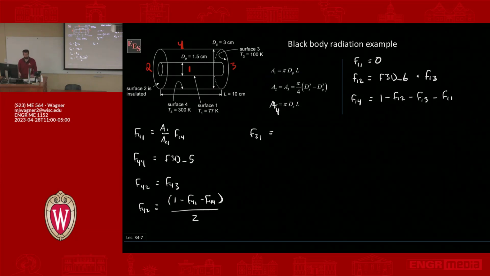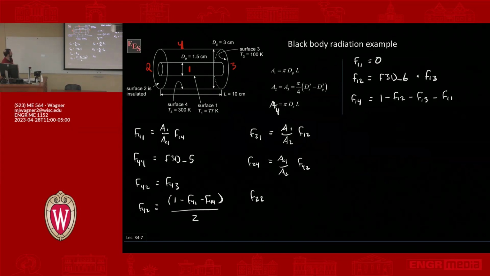So again, reciprocity: that would be A1 over A2 times F1,2. F2,4, we know F4,2, so that's reciprocity: A4 over A2 times F4,2. F2,2, that's the little donut shape to itself, is 0.